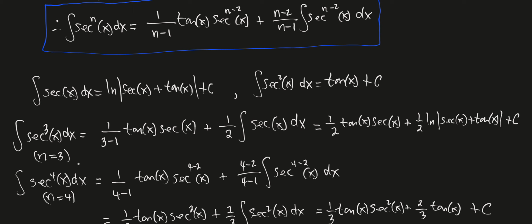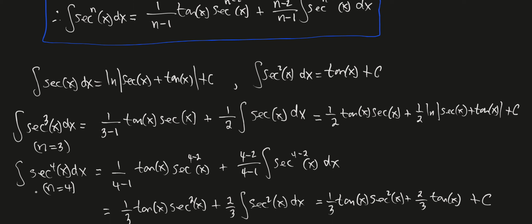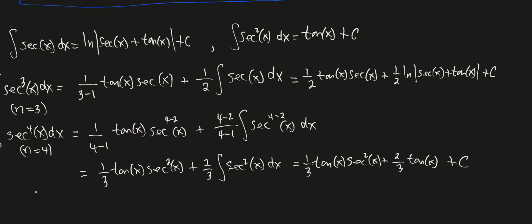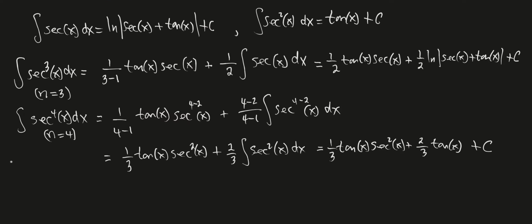But you want to make sure that you have the lesser powers written down. So that, for instance, let's do one more just to see what it looks like. Let's see what it looks like if we did secant to the fifth power, right? So we have secant to the fifth power. Well, in that case, my n is equal to 5.